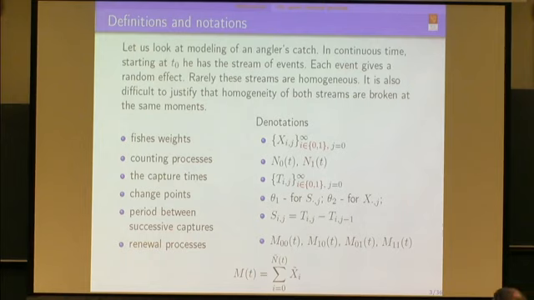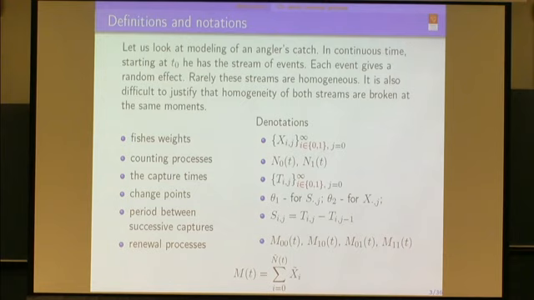Let us think that these catches are fishes, and here are weights of these fishes. There are counting processes which describe the stream of events.